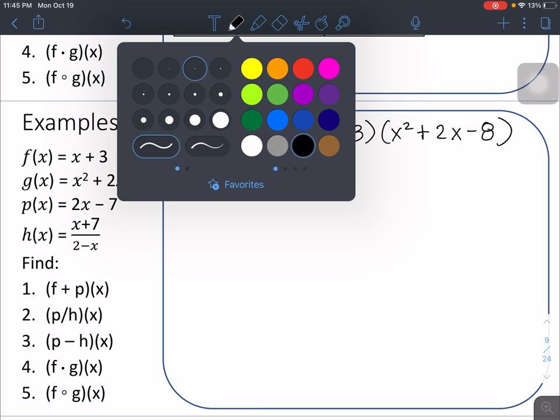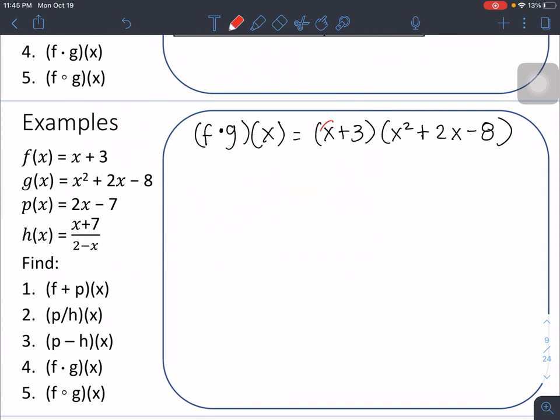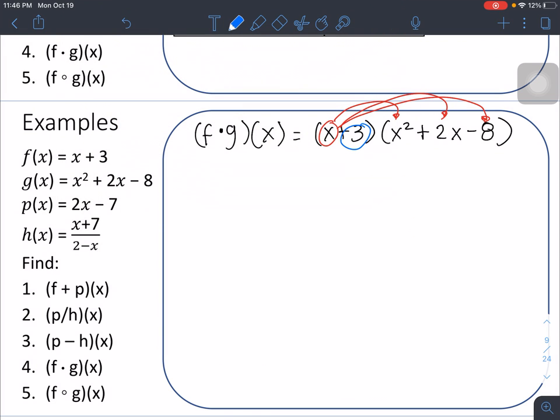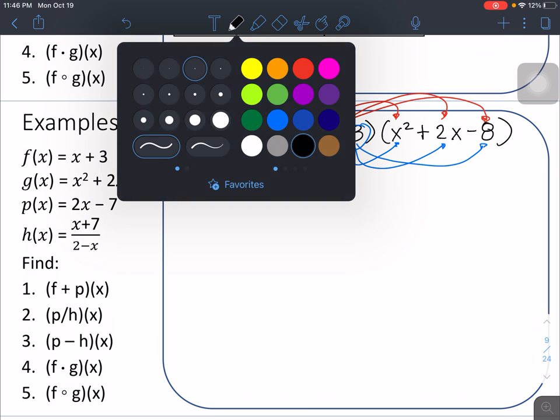I'll multiply x with all the terms inside this trinomial, followed by 3 with all the terms inside this trinomial. Okay, I'd like to proceed.